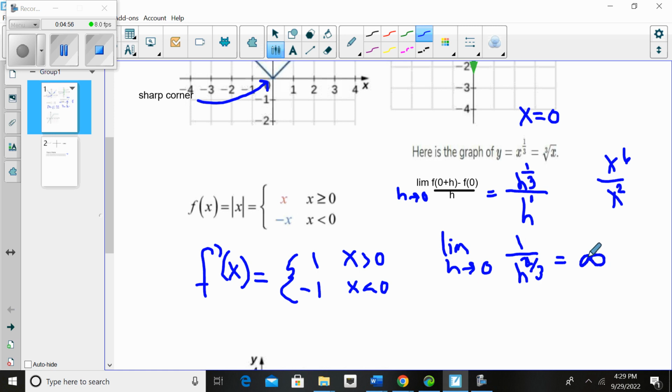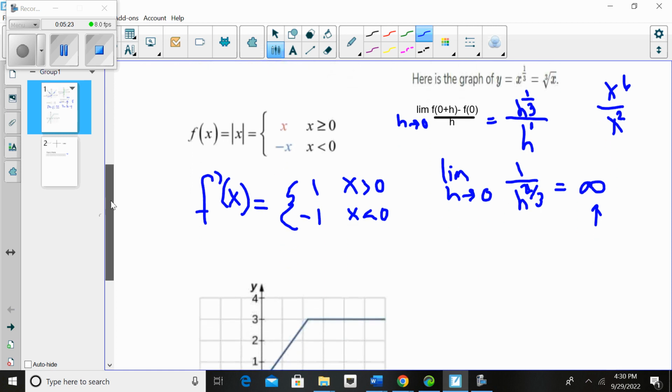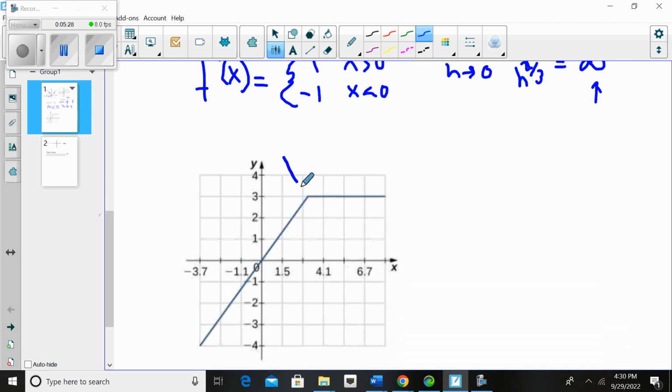Because if you ask yourself, how can a limit fail to exist? Remember, that was the fine print in the limit definition. It said, use this definition to find the limit provided the limit exists. Okay, well, how do we get a limit that doesn't exist? When the limit is infinity, that's not a real number, or if we get different limits from the left and right hand side. So again, as I said, sharp corners, we can't take the derivative.